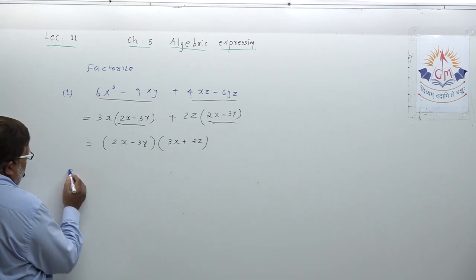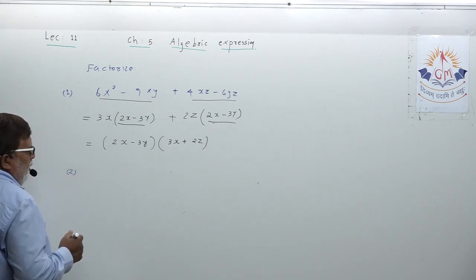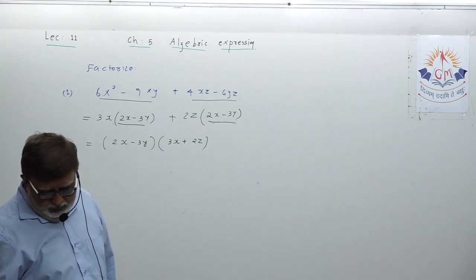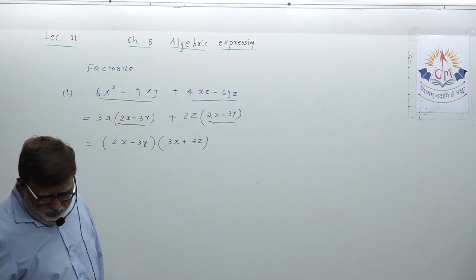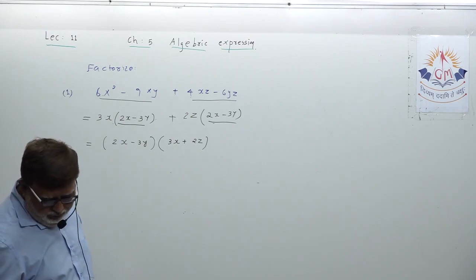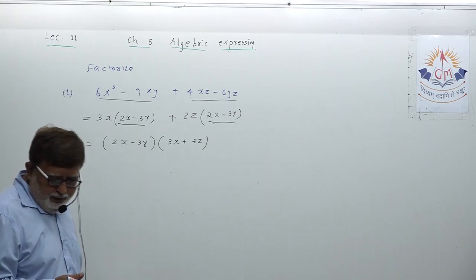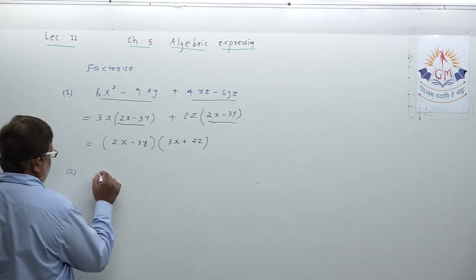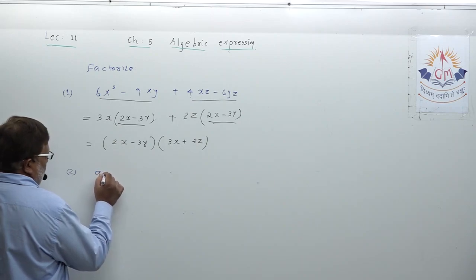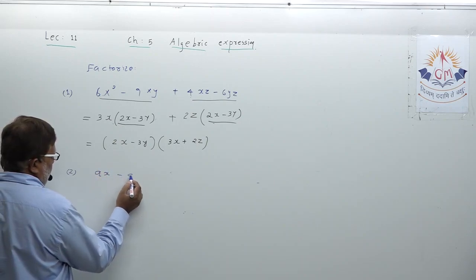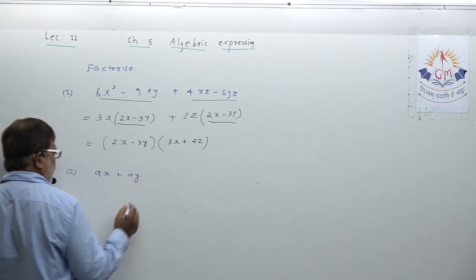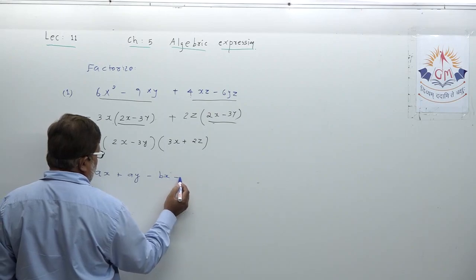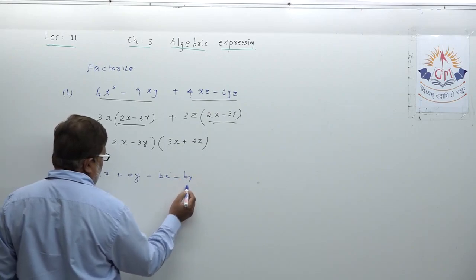Suppose you are given like this. Let me write it for you. Understand? Suppose I take some example from textbook also. Suppose you are given this way: ax minus ay, let me take plus, minus bx minus by.